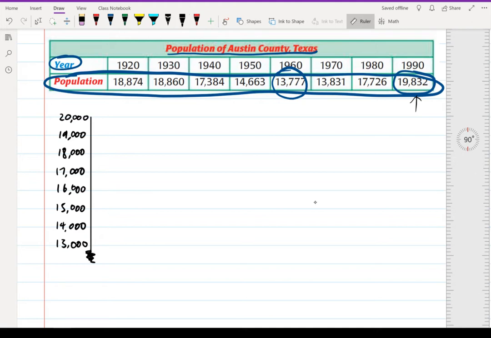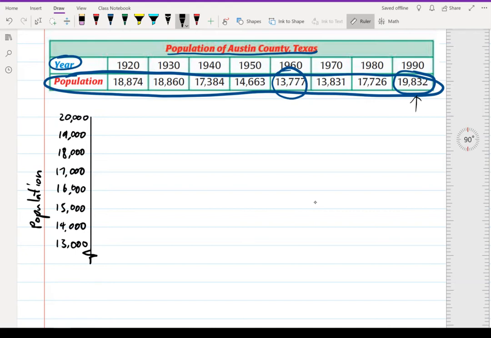Oh, that doesn't really look that nice. It looks kind of like a heartbeat like that, okay? Just to show that I'm not showing any data from 0 to 13,000 because all of the data happens from 13,000 onwards. So over here, we have population.